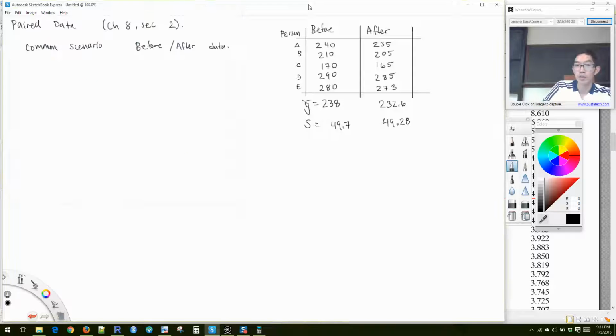So currently, if we treat this as independent, maybe I'm going to write that this is the wrong way to do it, would be to treat before and after as independent samples.